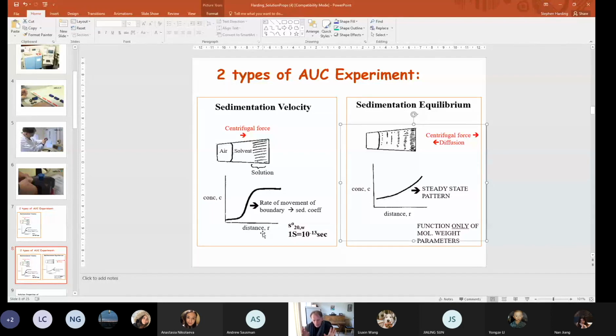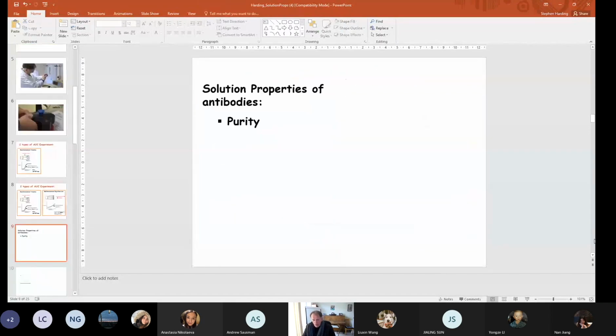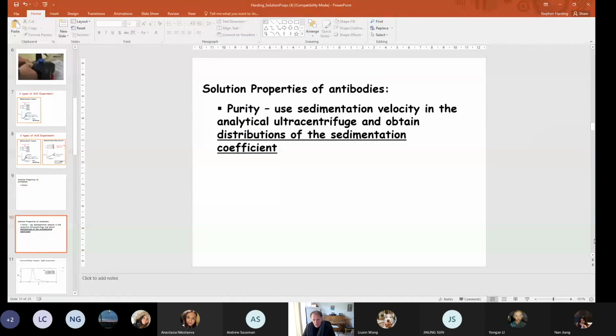So if you've got different things present, like different proteins or maybe aggregates present, then this technique will be able to interpret how this concentration distribution changes with time in terms of the sedimentation coefficient distribution or heterogeneity of a preparation. And this is the first use of this instrumentation for antibodies, it can be used to assess the purity. We can use sedimentation velocity in the centrifuge and obtain distributions of the sedimentation coefficient.